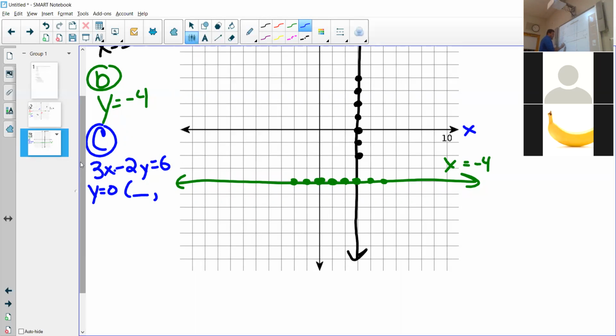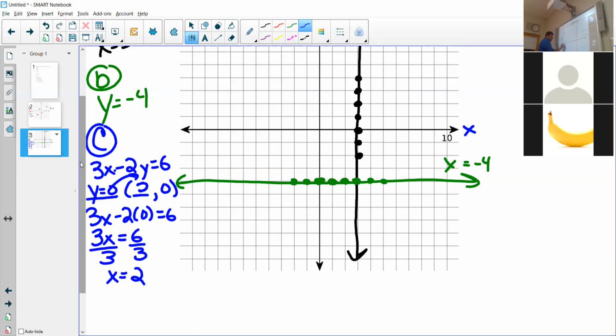That's going to be blank, comma, 0. We've got to fill in that blank. So I'm going to take the 0 and plug it into y. So I have 3x minus 2 times 0 equals 6. 3x equals 6, divided by 3, because 2 times 0 disappears. x equals 2. So my blank is going to be filled with a 2.